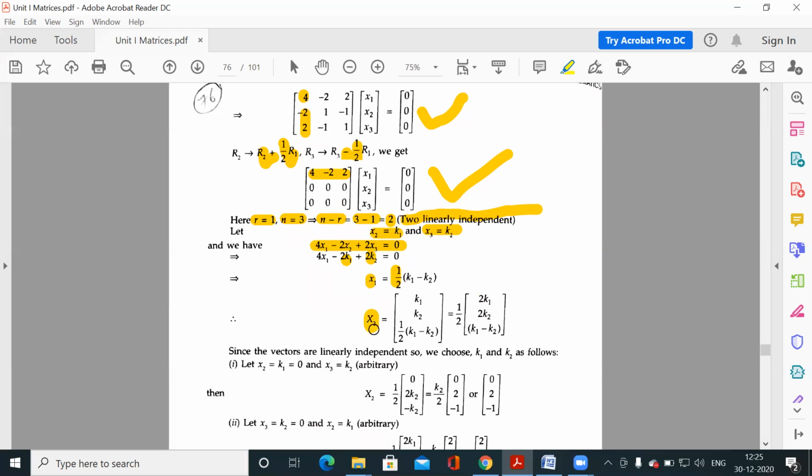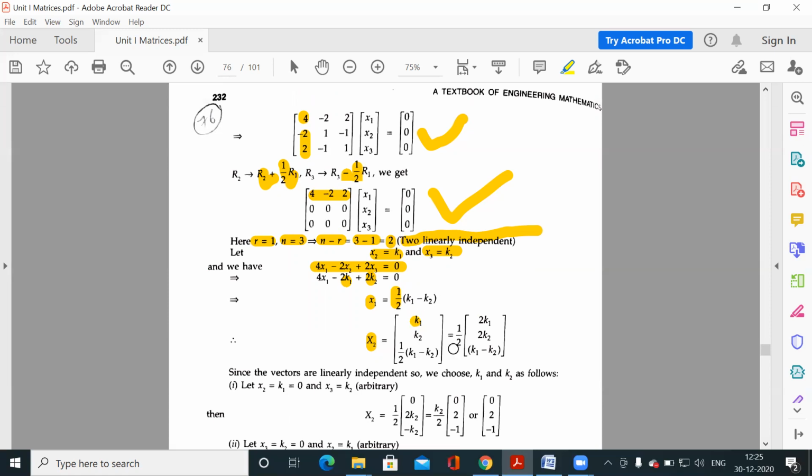So the corresponding eigenvector is, they have written in a different order. Actually this is not your eigenvector, because x1 is this, x2 is k1 and x3 is k2.